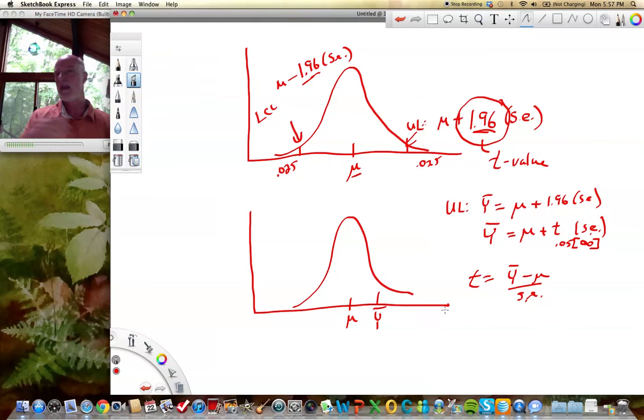Okay, so for any particular y bar that we get from a sample, we can calculate a t-value, and we can therefore ask how probable it is to get a t-value that large. Now I want you to note one thing. The t-value could be negative, so this number can be positive or negative.